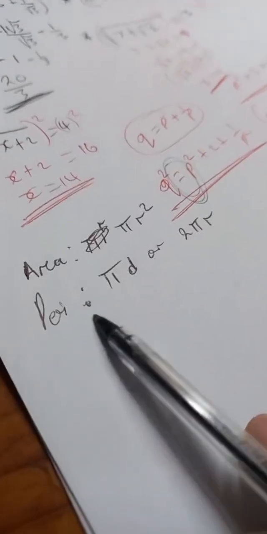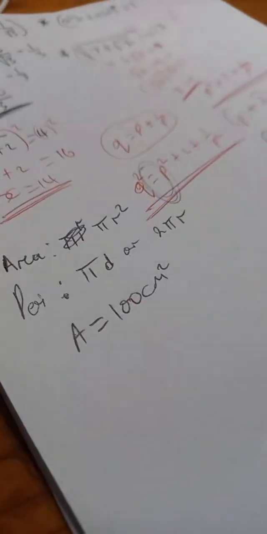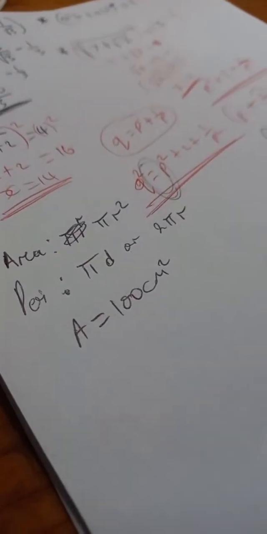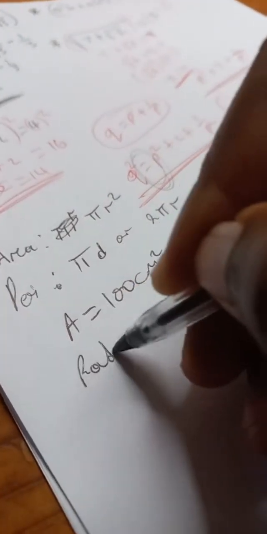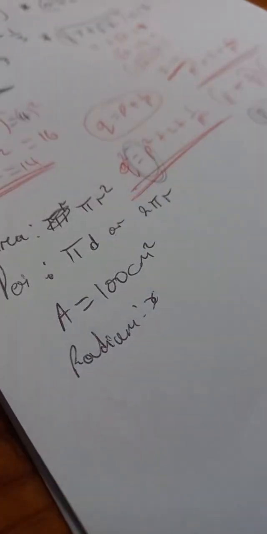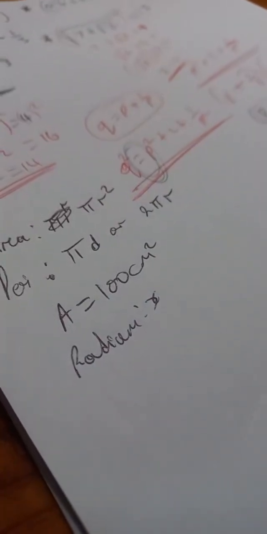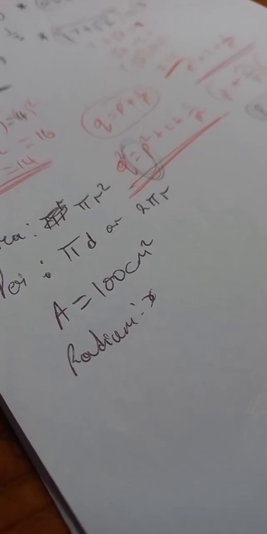Now we are given that the area of a circle is 100 centimeters squared, and we are being asked to determine the radius, which is x. We do not know the radius. Determine the radius in surd form, which means it can be an expression or whatnot.